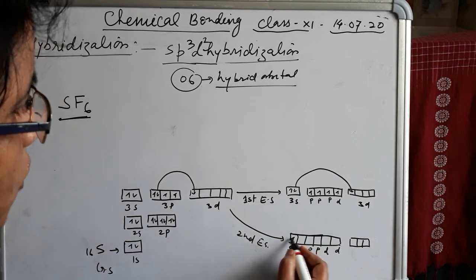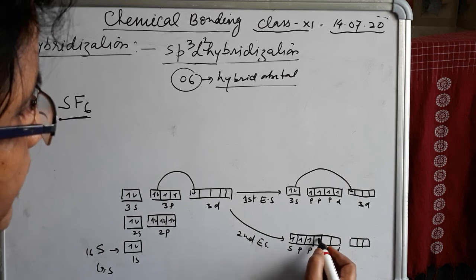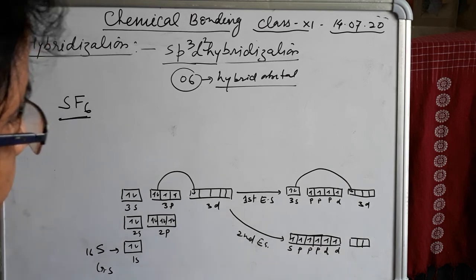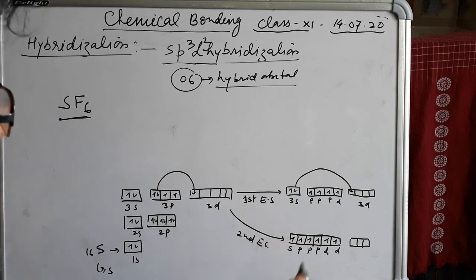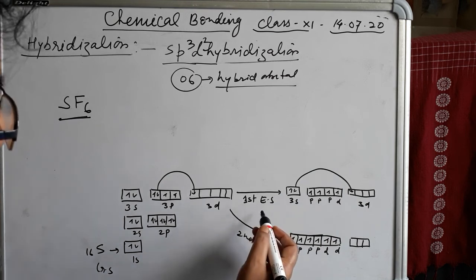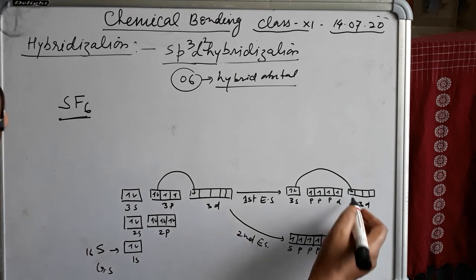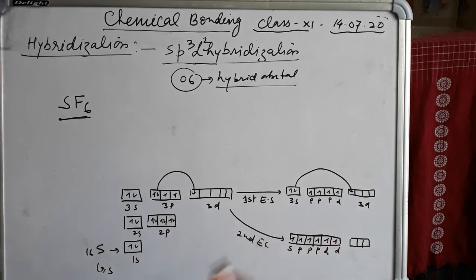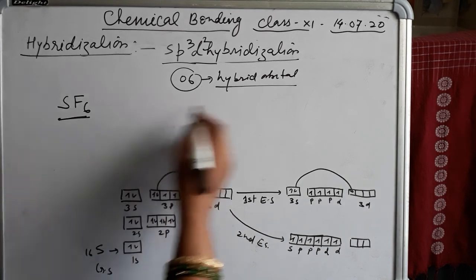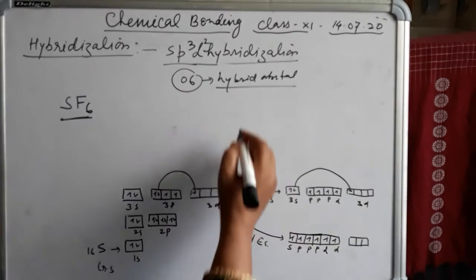Now we have a total of 6 hybrid orbitals. So in the second excited state, hybridization takes place between S, P and D also. In the first excited state, only 1 d orbital is involved. In the second excited state, 2 d orbitals are intermixed with the third shell of P. In this way, we have a total of 6 hybrid orbitals.